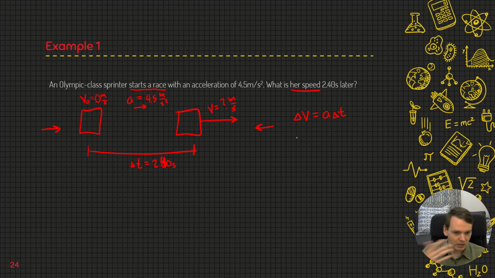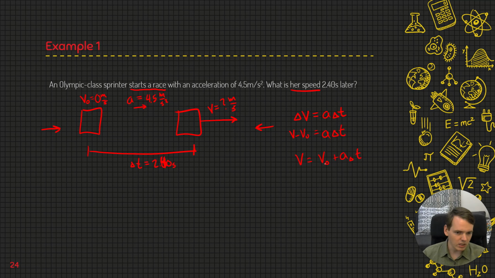So when I'm solving problems, I'll probably write different equations at different times, but they're all just slight modifications, right? Because this is the same as v minus v naught equals a delta t.